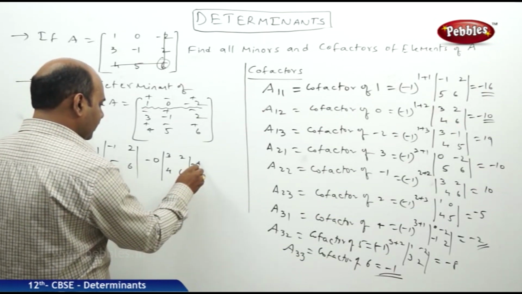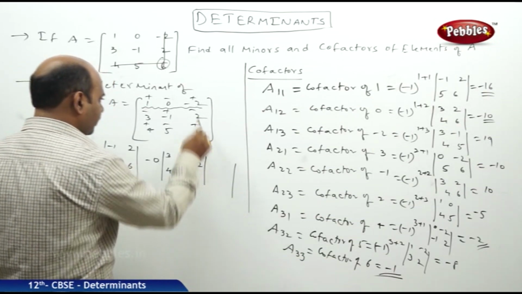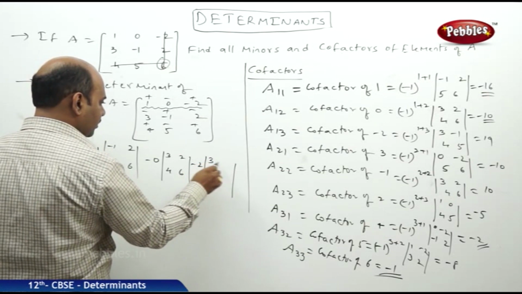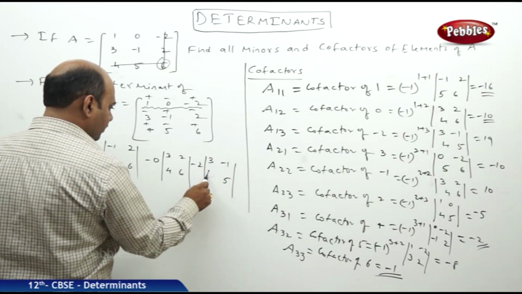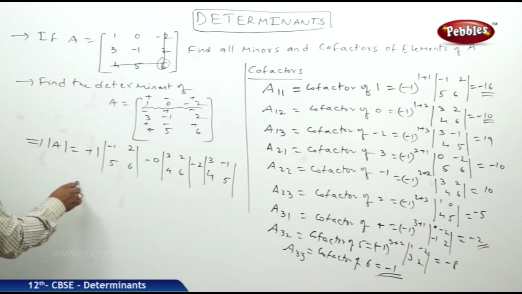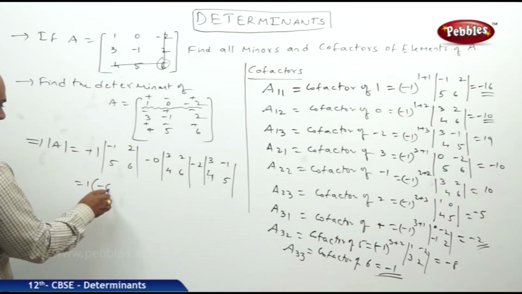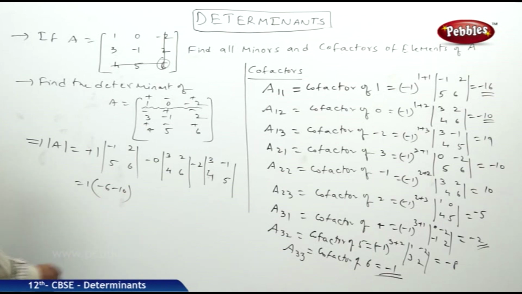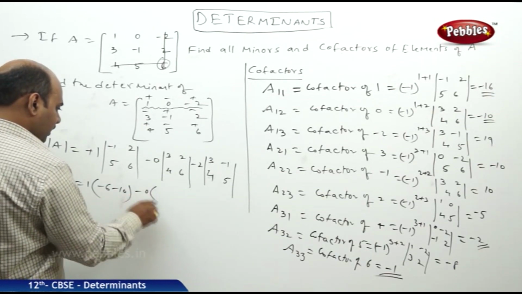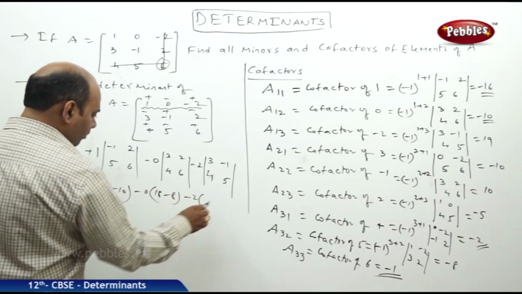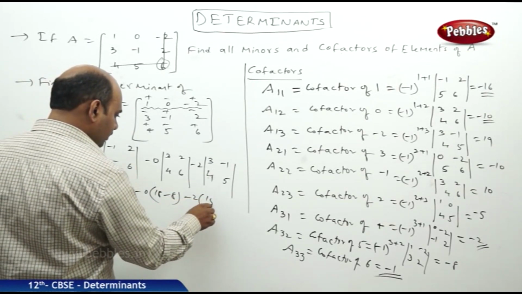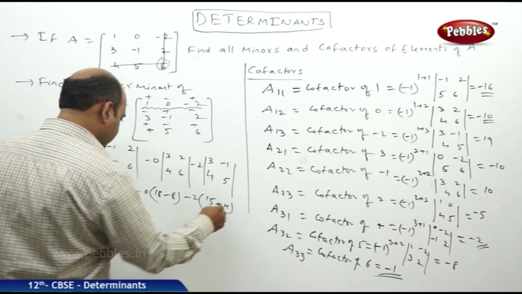Later again here minus 2 into its minor. So what happens? 3, minus 1, 4, 5. So what happens? 1 into minus 6 minus 10. Minus 0 into 18 minus 8. Minus 2 into 15 plus 4.